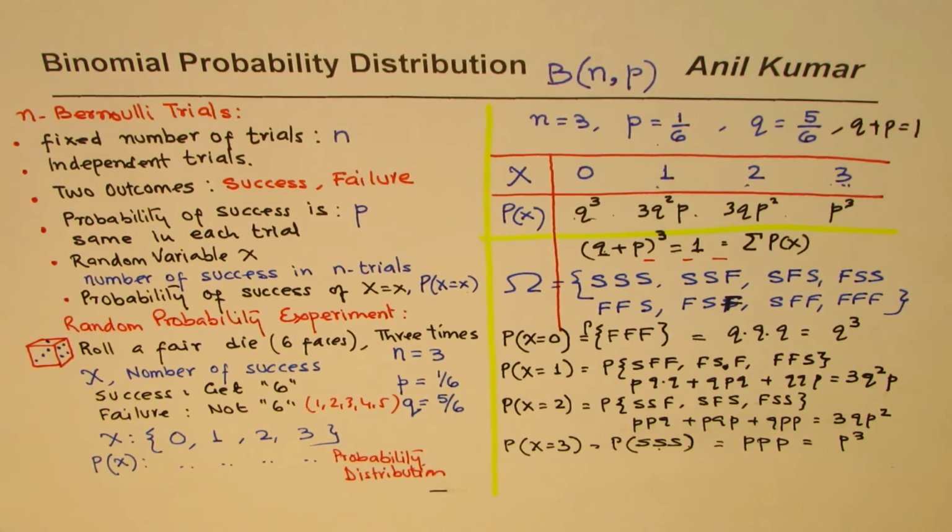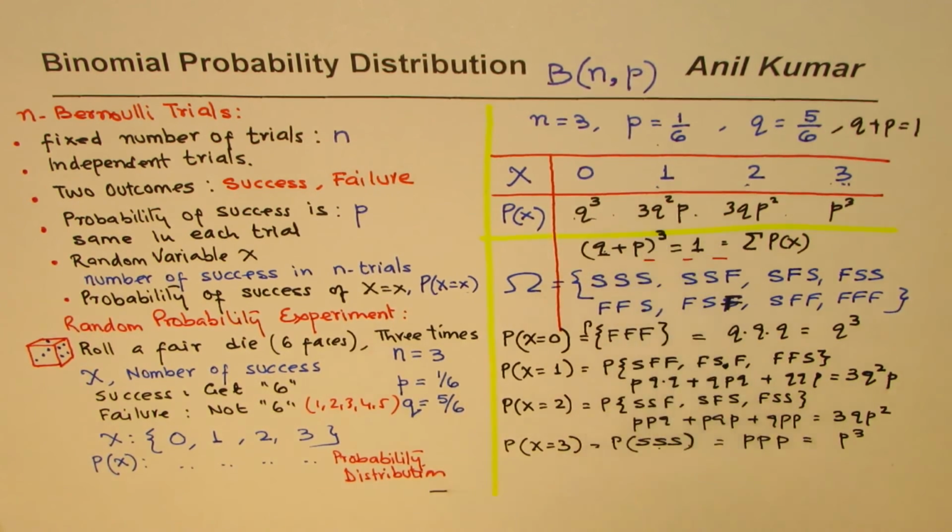Is that okay? So what we have observed here is that all the terms which we get in our probability distribution are from the expansion of the binomial theorem. Do you remember that?